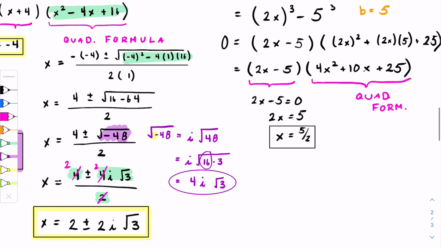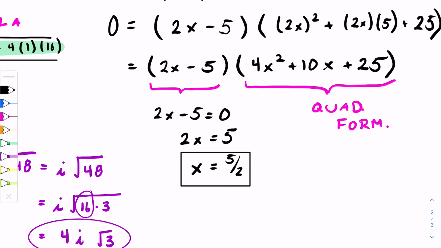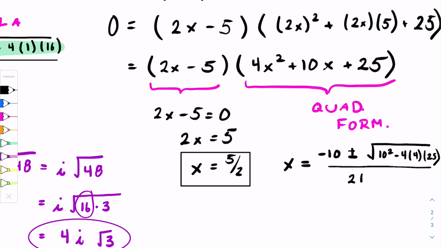So using the quadratic formula tells us that we need to set up our expression as x equals negative 10 plus or minus the square root of 10 squared minus 4 times a, which is 4, times c, which is 25. This is divided by 2 times a, which is 4.